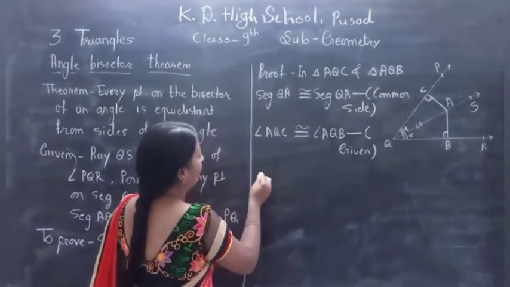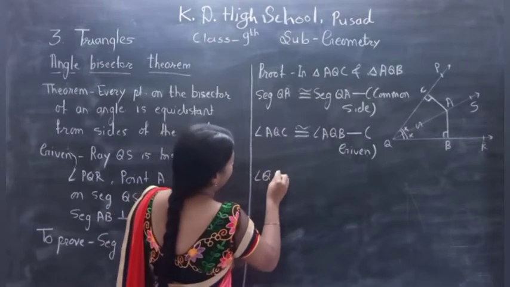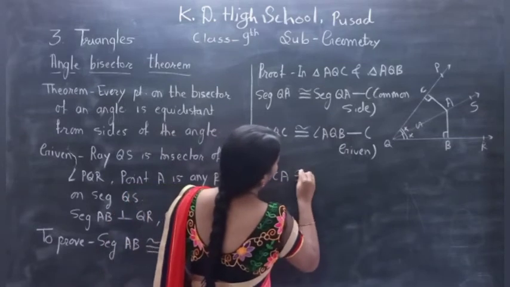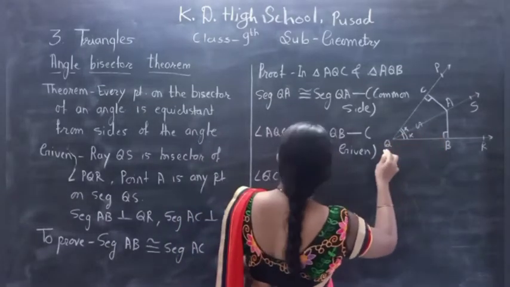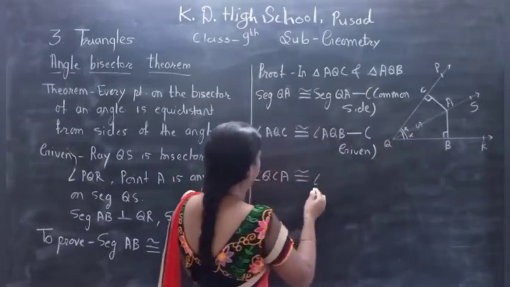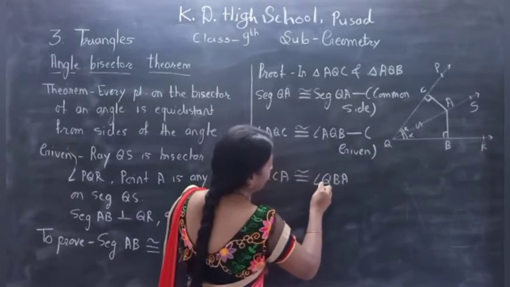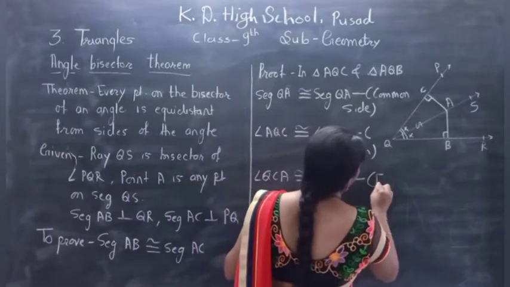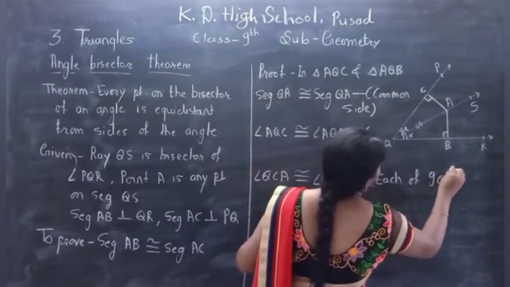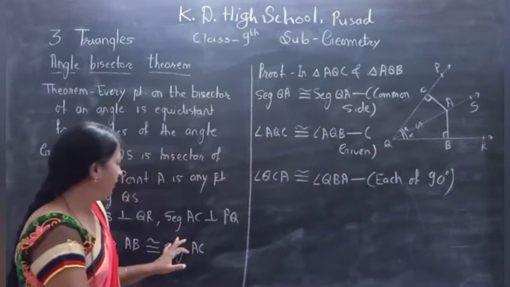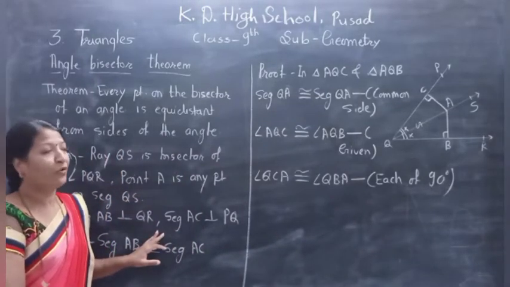So we write angle QCA congruent to angle QBA. And what is the reason? Each of 90 degrees. We write in the given that they are perpendicular. Perpendicular means what? They make an angle of 90 degrees.